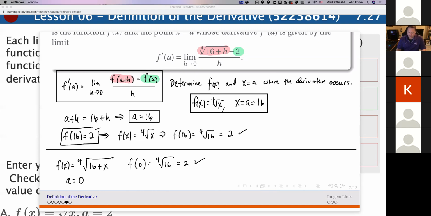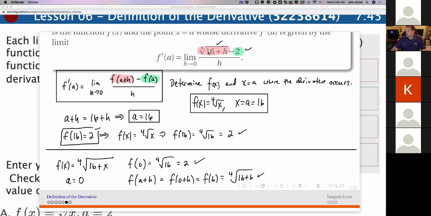That checks out with the formula. But then also f of a plus h, which is f of 0 plus h, or just f of h, is the fourth root of 16 plus h, which also checks out with the formula.